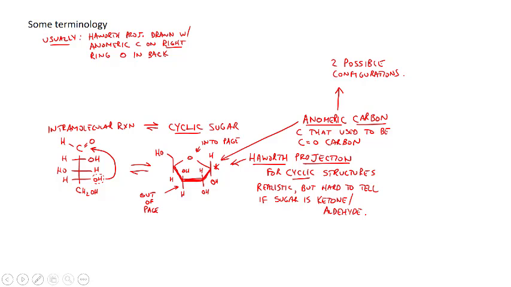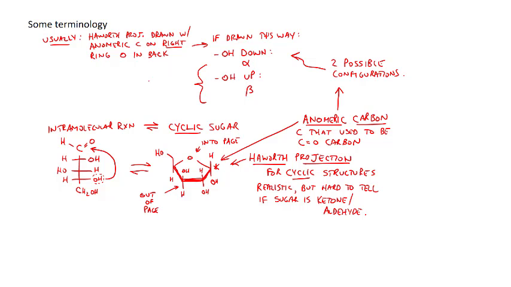Because every sugar molecule, when it's in a cyclic form, is going to have one oxygen in its ring. So if it's drawn this way, okay, you can distinguish your two possible configurations of the anomeric carbon this way. If the anomeric carbon has its OH pointing down, we have what's called the alpha configuration. And if you have the OH pointing up, we have what's called the beta configuration.